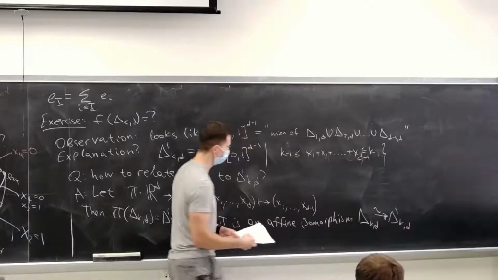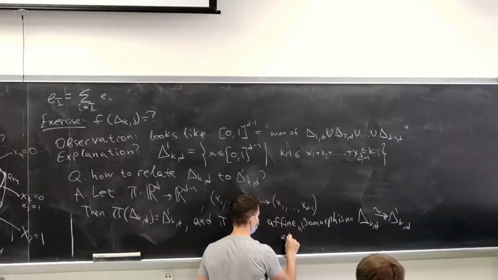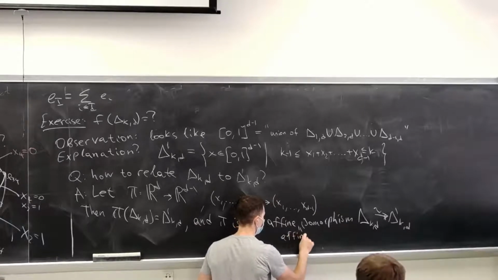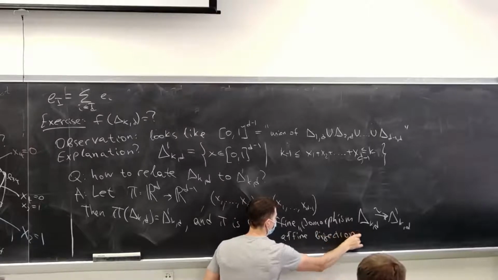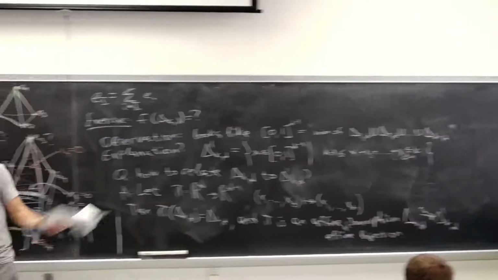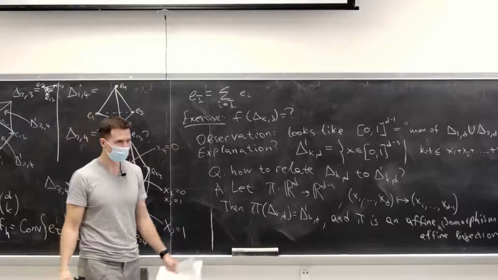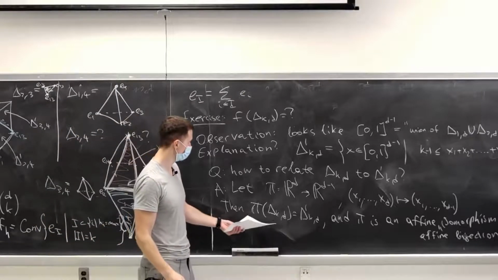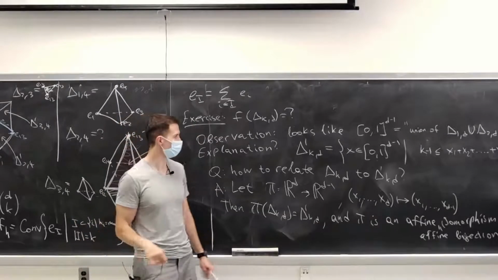So affine isomorphism means affine bijection, which in other words means some determinant has to be non-zero. And because it's an affine map, it rescales distances in different dimensions by different numbers. So in particular, it's not an isometry. It does not preserve distances.